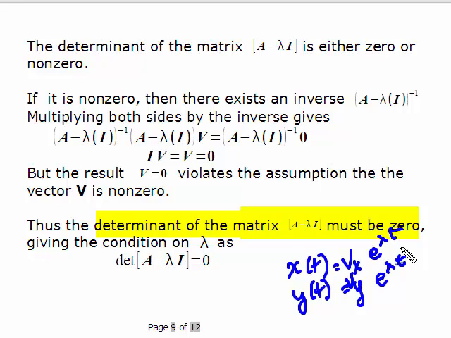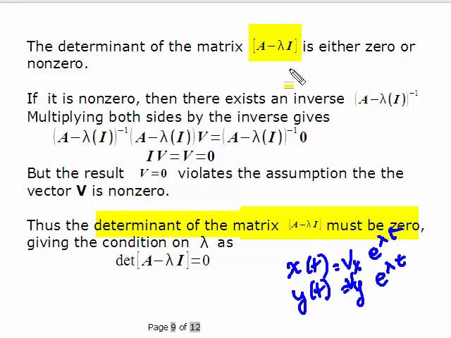So we're plugging this through to see what we get, and when we put these equations into our system, we end up with a matrix, and it didn't take too many steps to get it. And here's the matrix, A minus lambda times the identity matrix. And now the determinant of this could be 0 or it could be non-zero.